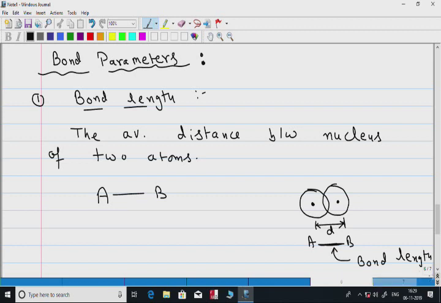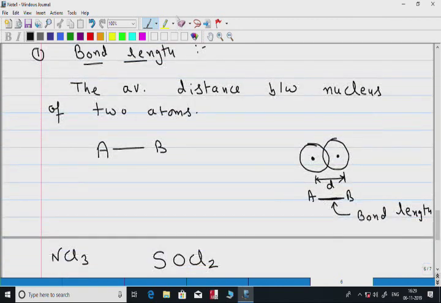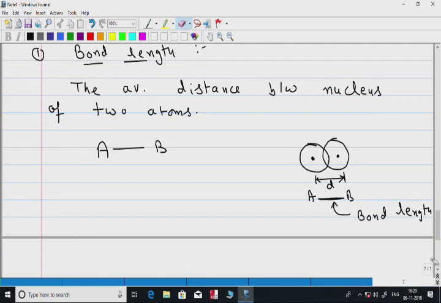And remember, this is the average distance. Now, what can I say?